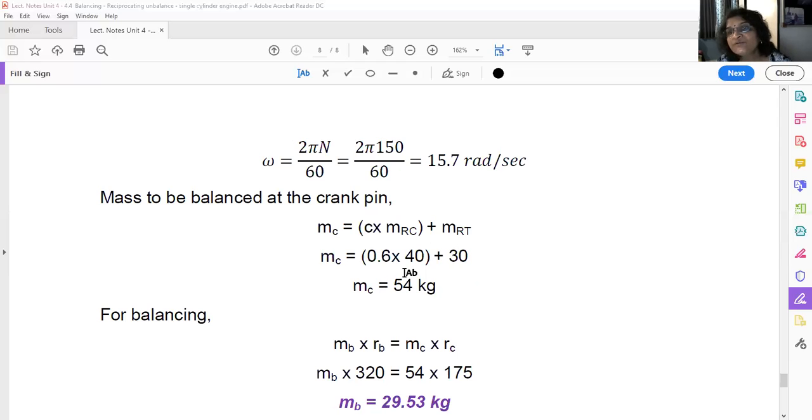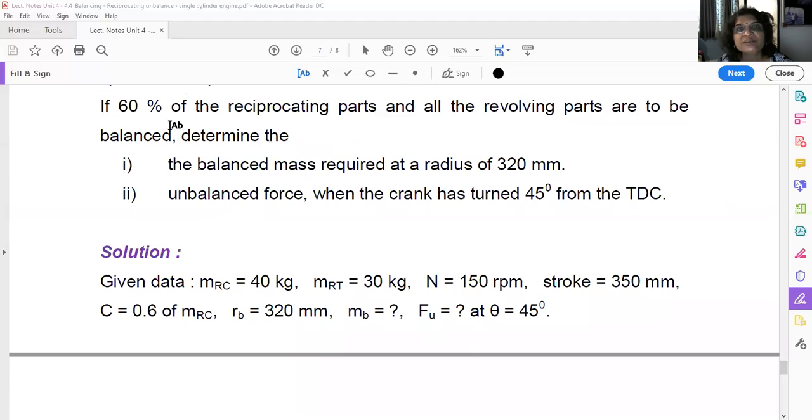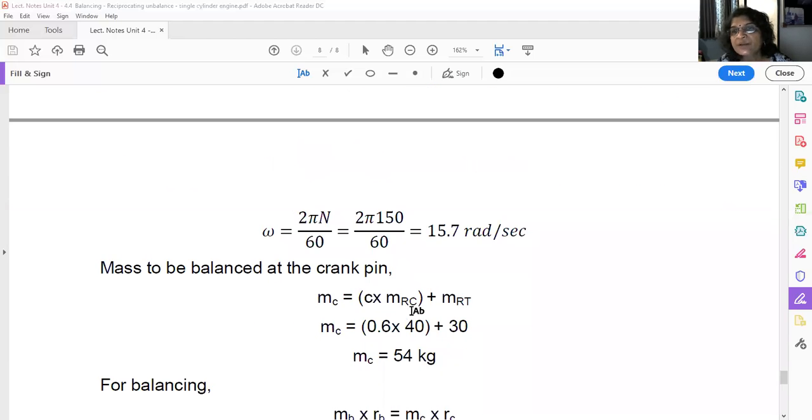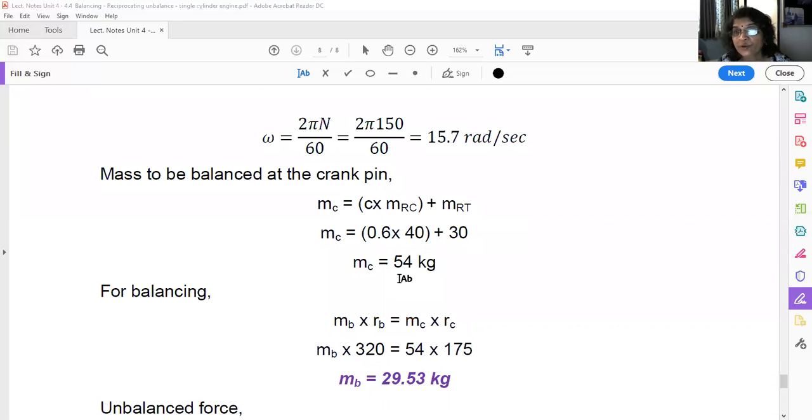So 0.6 into 40 plus 30. You understood, no? 0.6 of MRC, because it is given 60% of the reciprocating parts. So 0.6 into MRC plus MRT will give you counter mass of 54 kg. Okay, now this 54 kg you have to balance. You cannot balance MRC plus MRT completely. It is given that MRC should be balanced only about 60%. That's why the total mass to be balanced is only 54 kg.